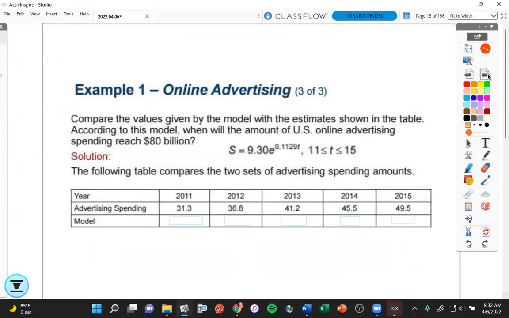This question asks us to fill in the numbers into the equation and see what we get. So if you plug 11 into the equation, what do you get? And since we're doing this 5 times, would you want to type this 5 times? Y equals is the best bet, right?